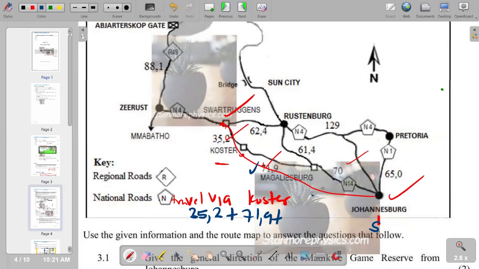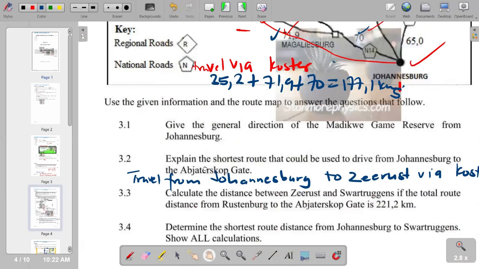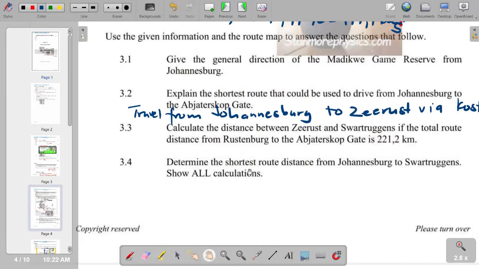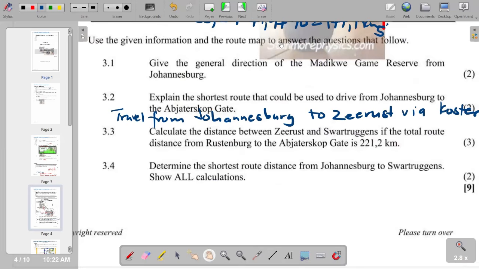And then you add also 70. So we calculate and see what you get there. You get 177 kilometers. So you can show this calculation in your response because the question requires us to show all calculations, which means we are going to calculate the total distance that we have. So basically, this is what we have in terms of our question 3.